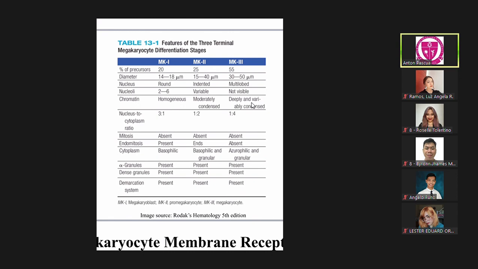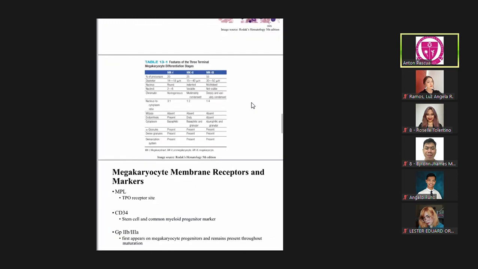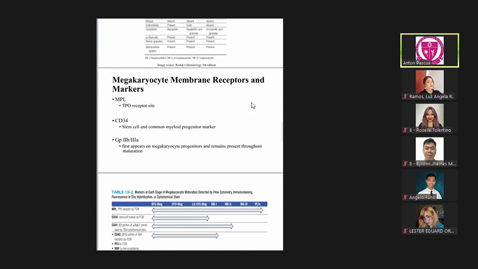Okay? And when you reach this stage with this megakaryocyte, it will then show you different receptors or different markers. And with the advent of technology today that we have, we can now test for these markers, these receptors. Okay? Kasi there are times that these markers or these receptors are tested so we can then diagnose diseases.